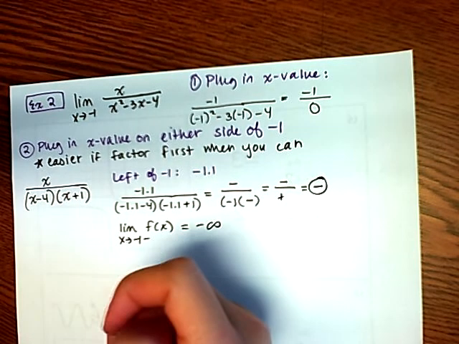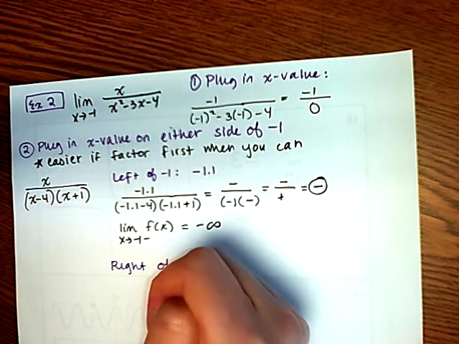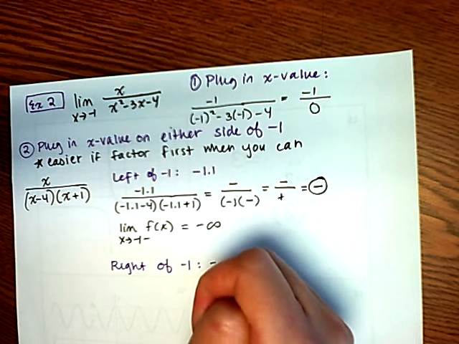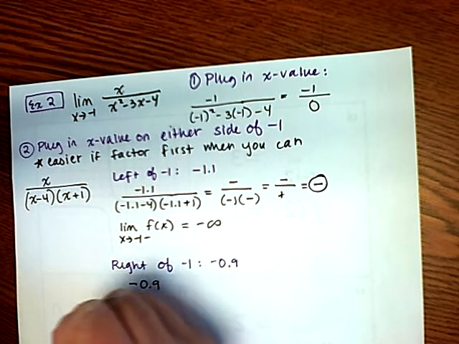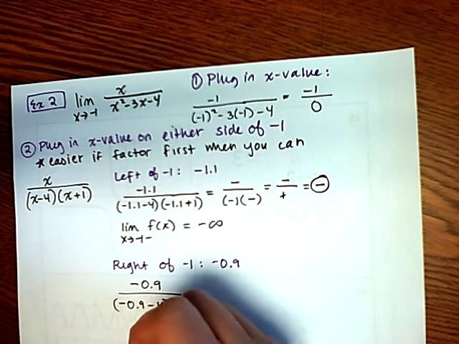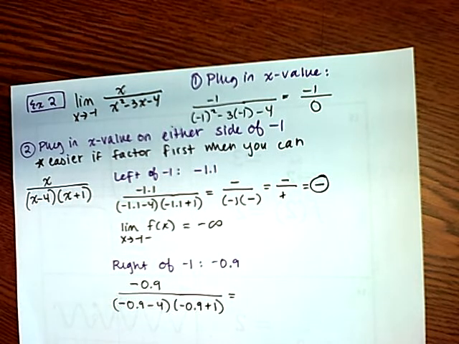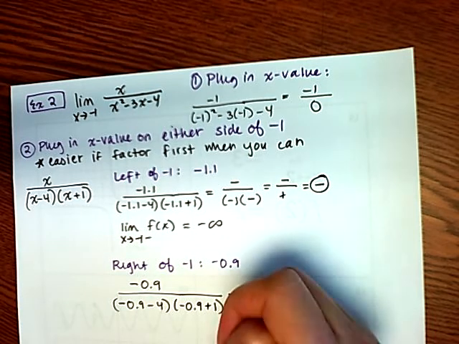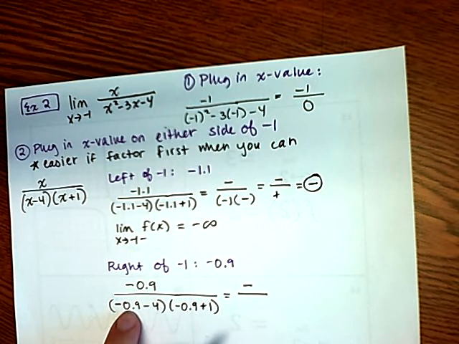So now I'm going to do the right side. And that would be -0.9. On top, I get something negative. On the bottom, this is -0.9 minus 4.